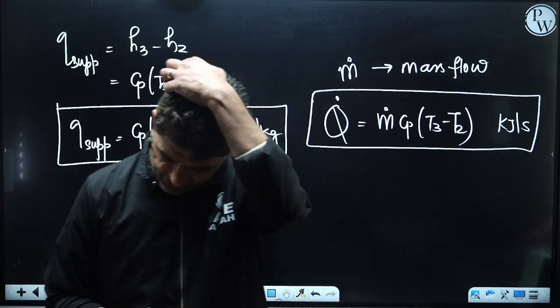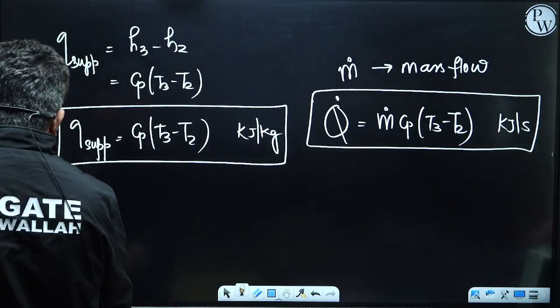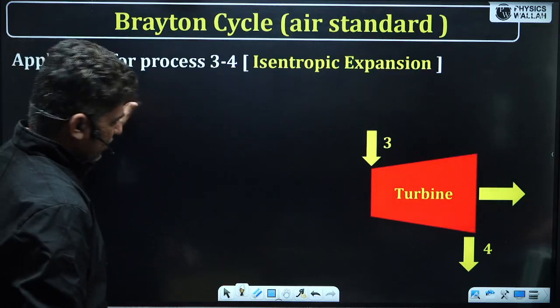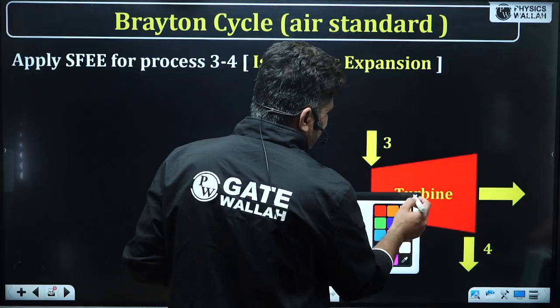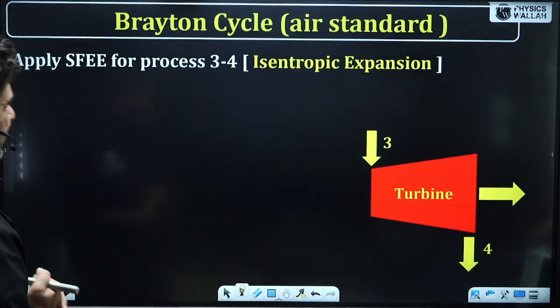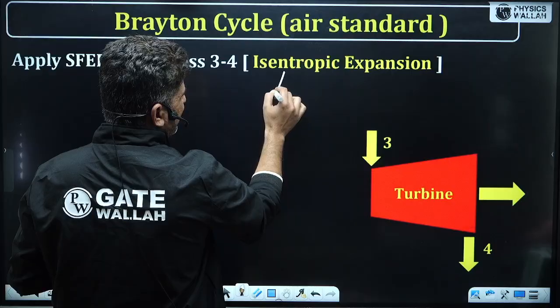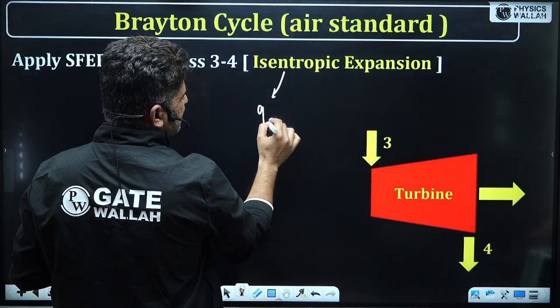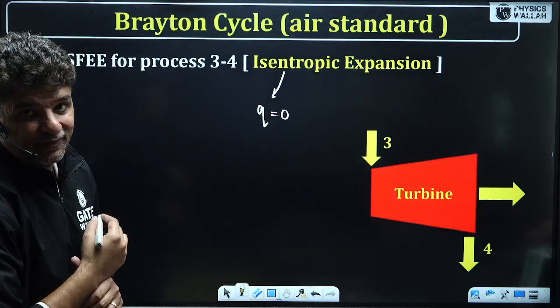Okay. So now let's go to the third device that is called the turbine. Again, in the turbine, we have seen that the process followed is isentropic expansion. When you say isentropic, Q supply or Q reject will be 0.